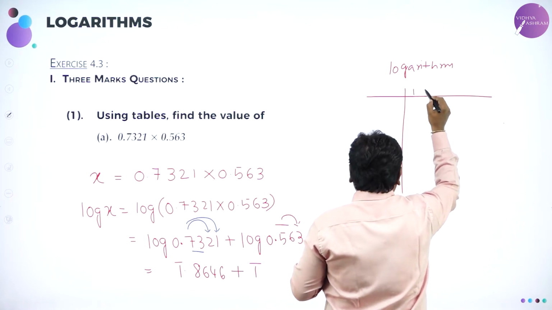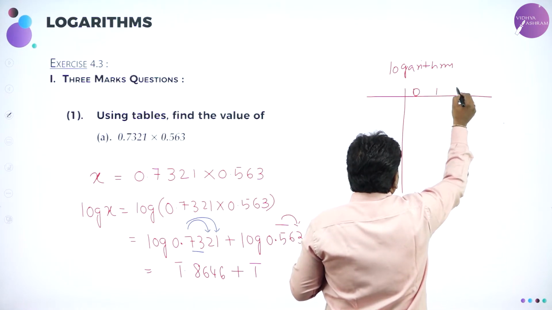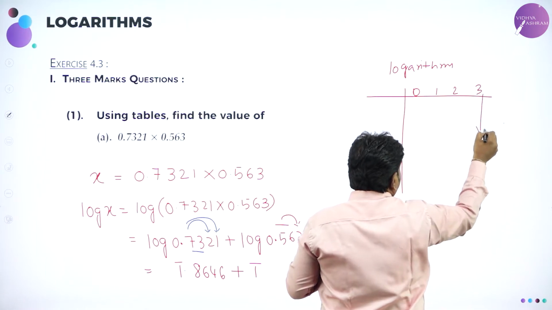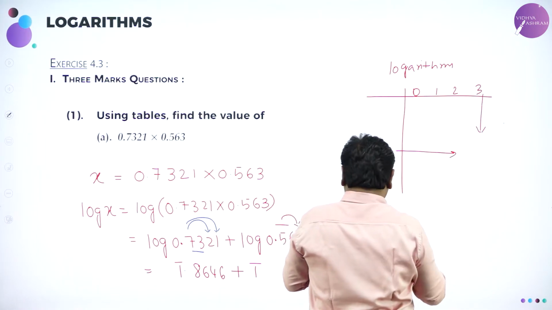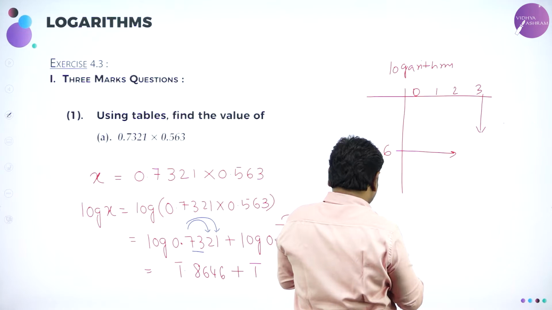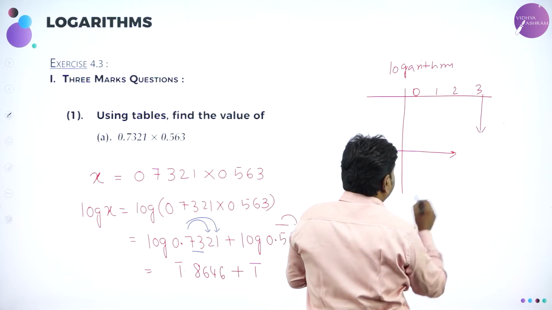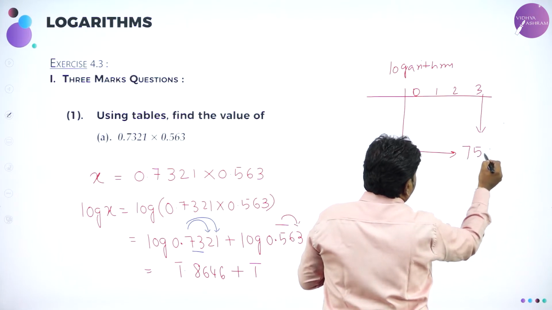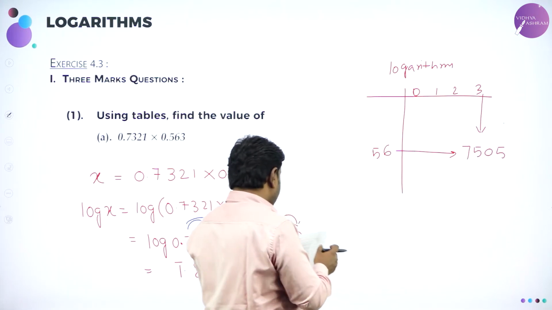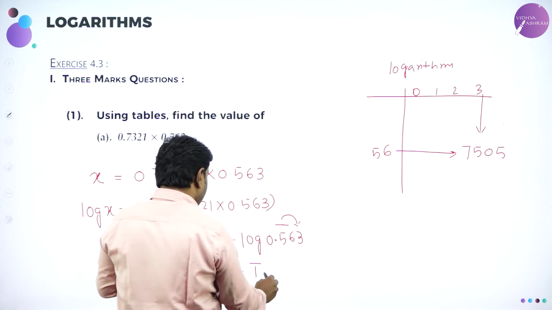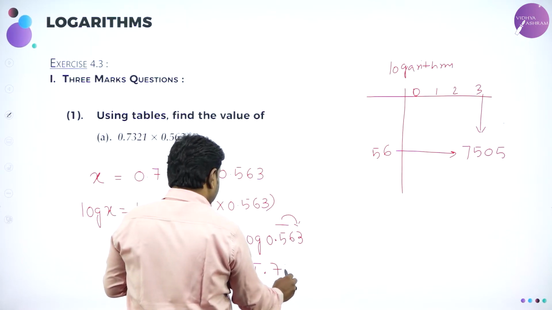We'll have 0, 1, 2, 3. So 56 under 3, if you see, you will have a number. 56 under 3 is exactly 7505. Here you will have 7505. That you should write. 56 under 3 is 0.7505.